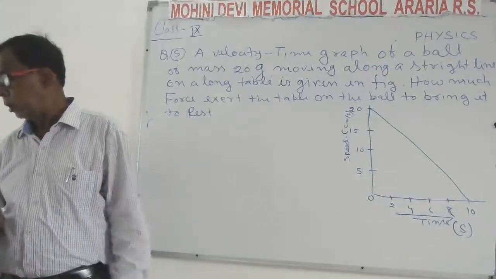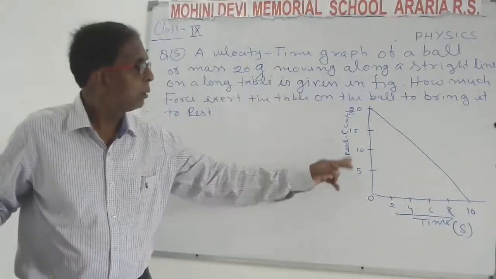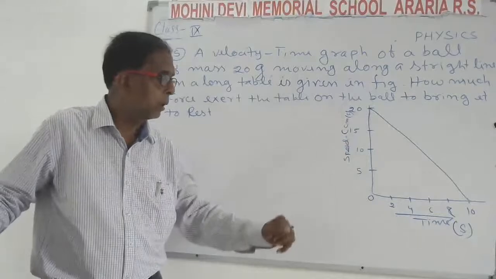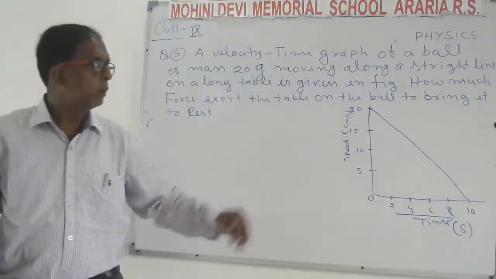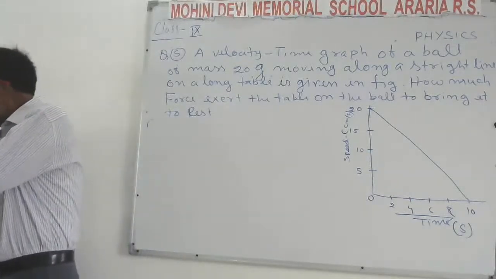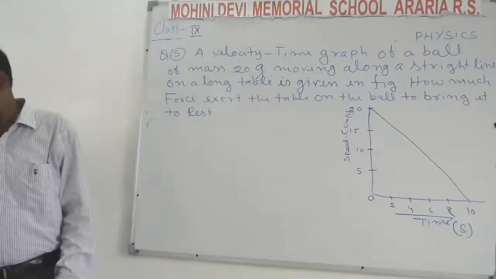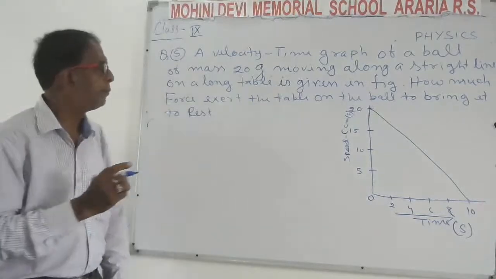The velocity time graph, the graph between velocity, which is given in centimeter per second, and time, which is given in second. Between these two physical quantities this graph is drawn. The velocity time graph of a ball of mass 20 grams.